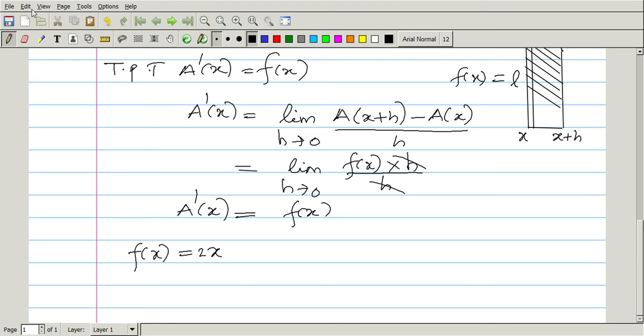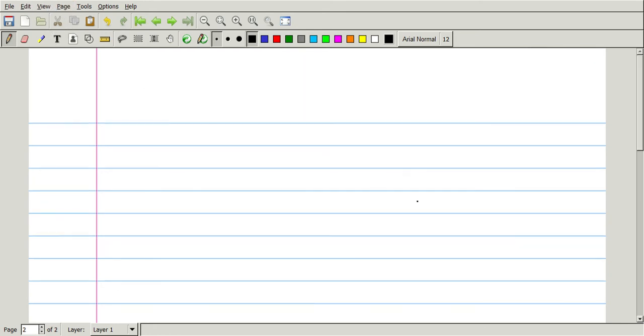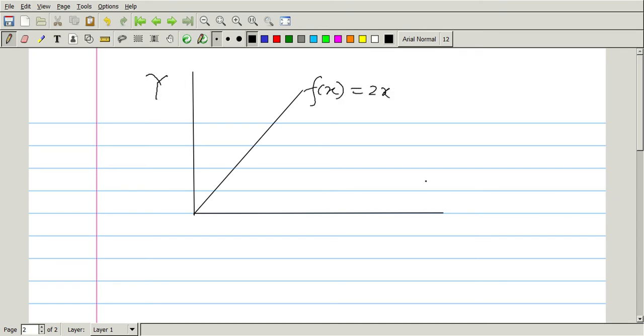It will be a straight line with slope 2. And suppose you need the area below f of x is equal to 2x, a particular straight line. This is the y-axis and that's the x-axis.